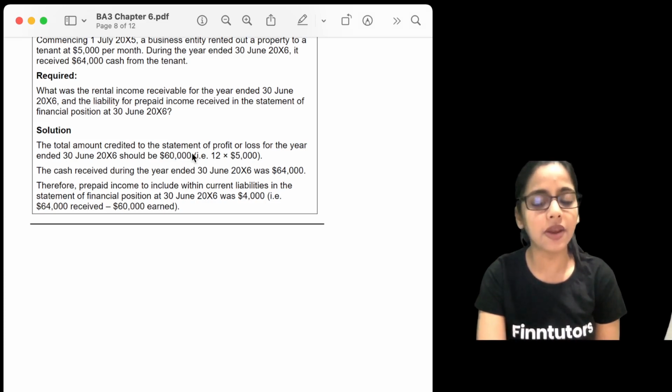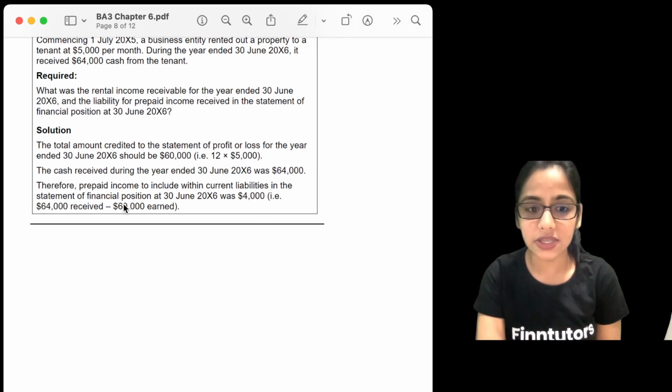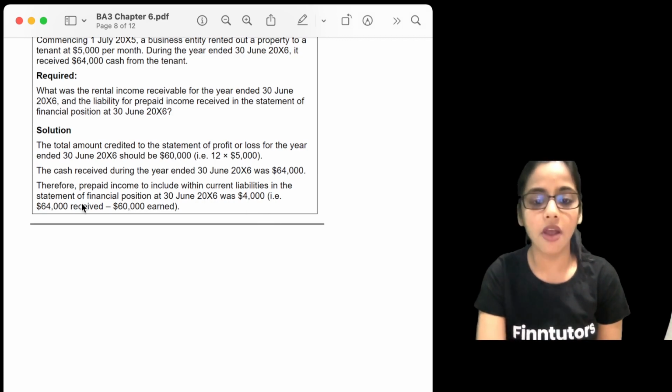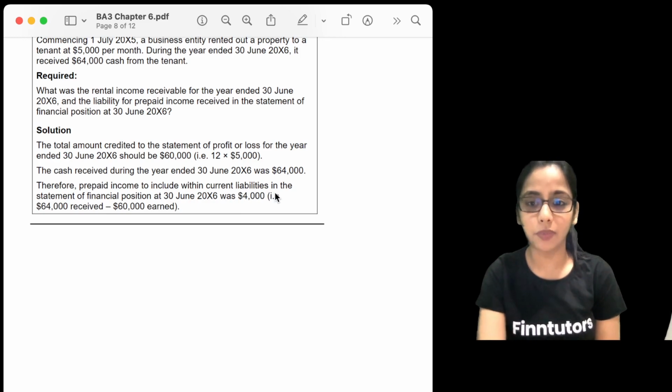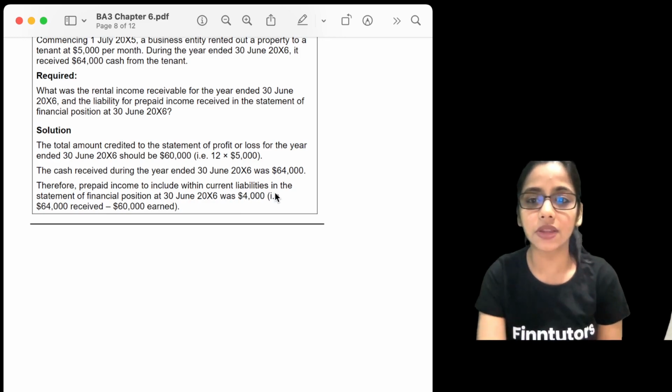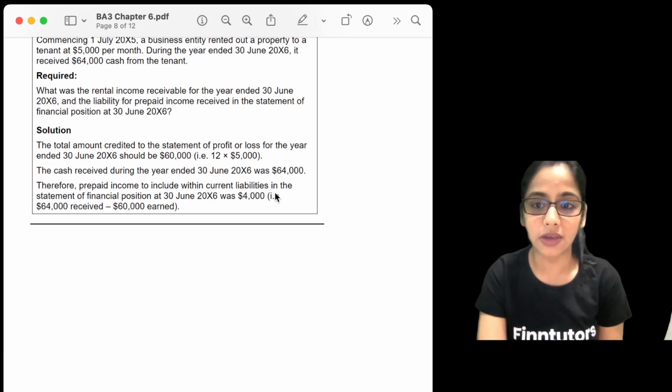It is quite simple. It was $4,000 because the income earned was $60,000 but we received extra. So the extra amount here is $4,000 and that will be considered as our prepaid income, which will appear in the current liability of the balance sheet since we are yet to provide the service to the tenant.